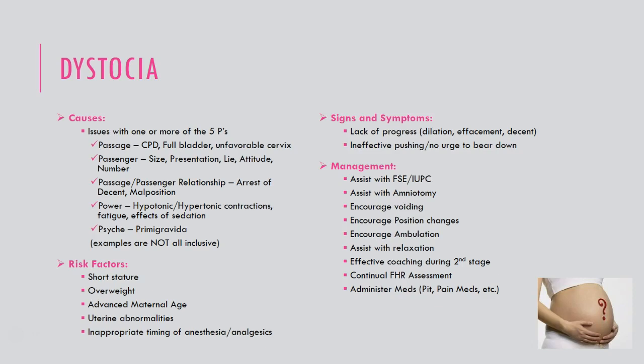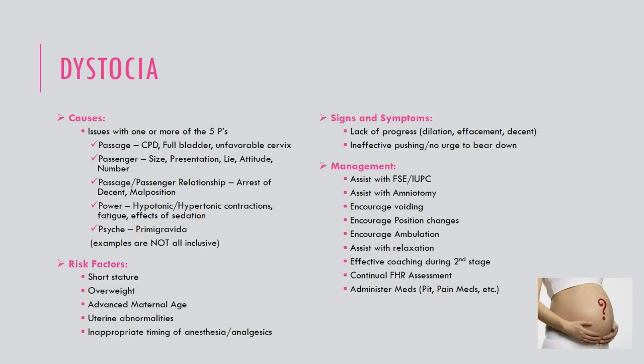Signs and symptoms of dystocia have to do with lack of progress in the cervix as far as dilation and effacement, or in terms of fetal descent, and they can also be due to ineffective pushing or the patient not having the urge to bear down.